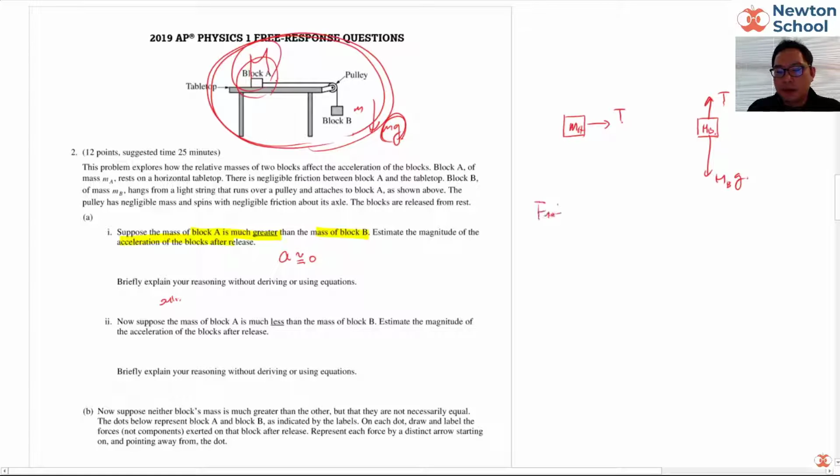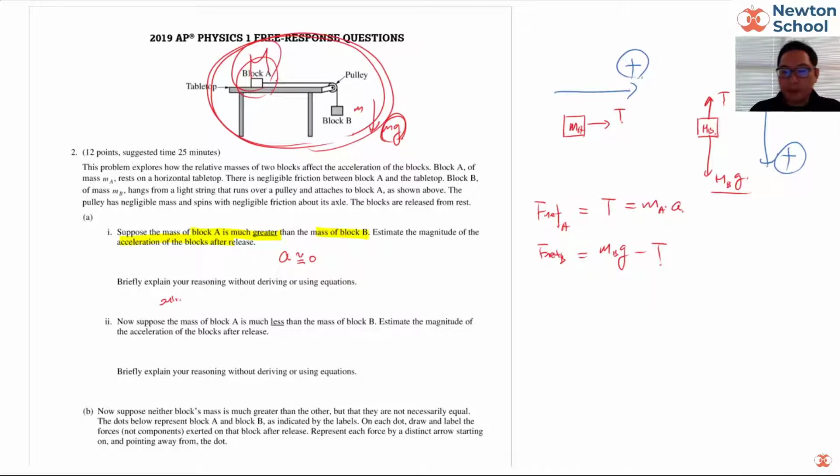So F net for A, the only force is tension, equals m_A times acceleration, and F net for B will be m_B g, that's the gravity, minus tension. I know the system goes this way, so you choose the winning side as positive. That's why I chose this direction positive and the upward direction negative for mass B.